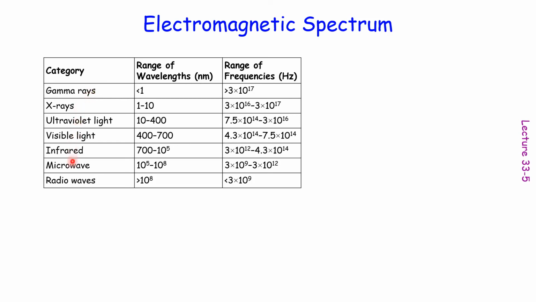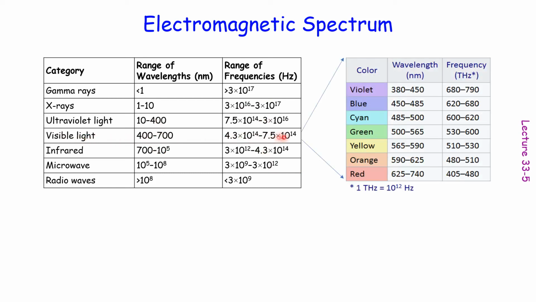Then go all the way to radio waves, the lowest energy, the longest wavelength, and the lowest frequency. Here they give you the range of the wavelengths and frequencies in this table. And now let's zoom in to the visible region. Here are the wavelength and frequency ranges for the radiation in the visible region.